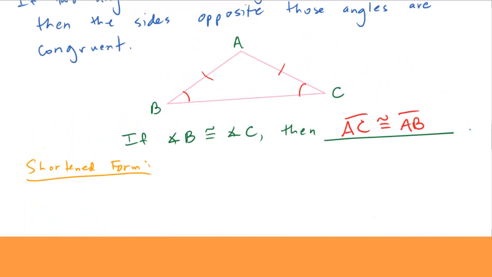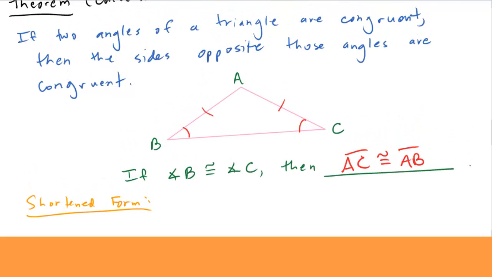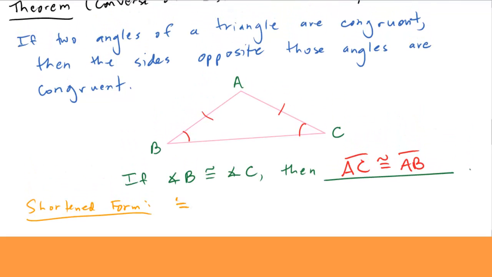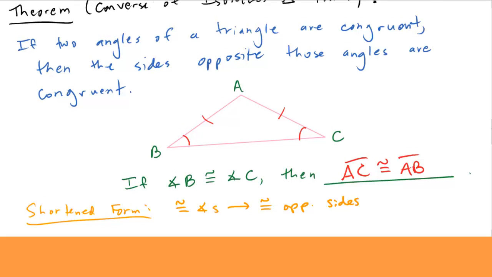So in a shortened form, we could write congruent angles imply congruent opposite sides, which is the converse of the theorem we just had. Congruent opposite sides imply congruent opposite angles.